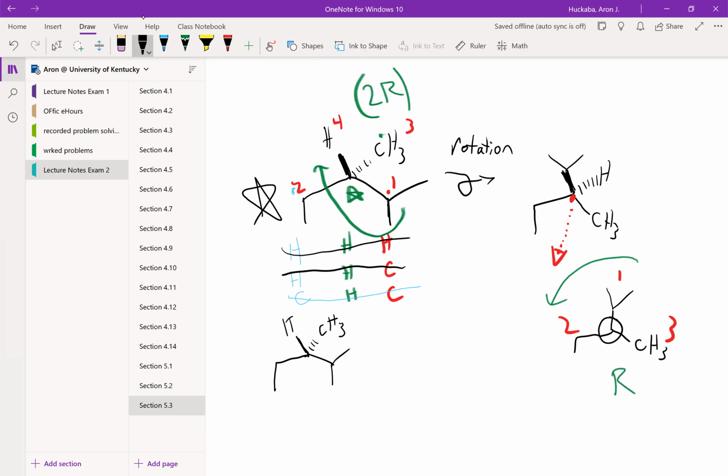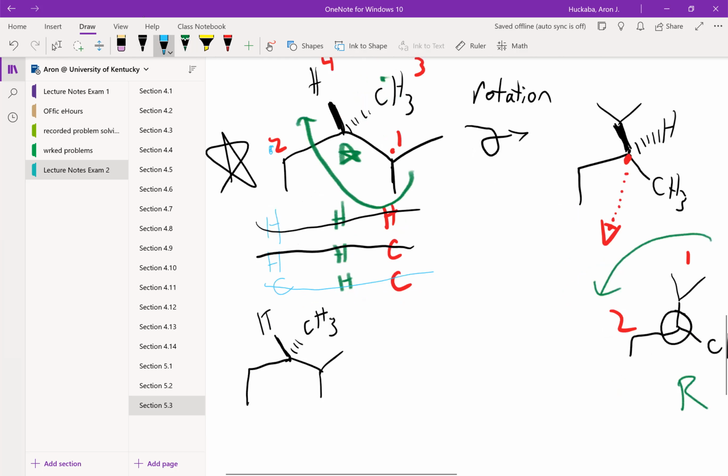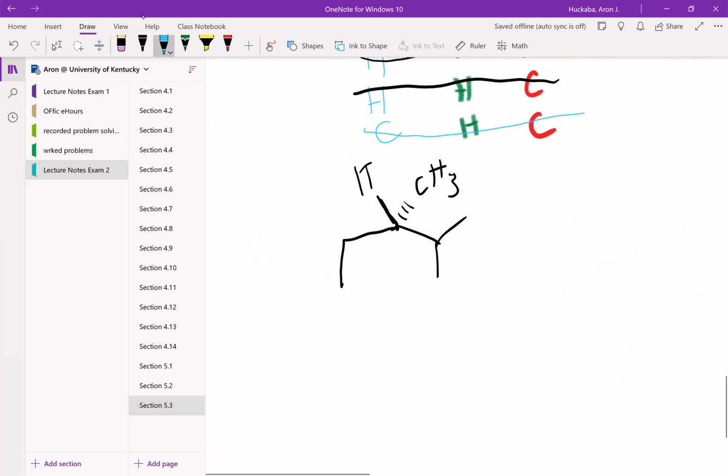So we have to first assign the parent chain, right? And doing that, we have 1, 2, 3, 4, 5 carbons. So that's a pentane. Okay, then we need to identify substituents. There's a CH3 and another CH3. All right, so those are both methyls.